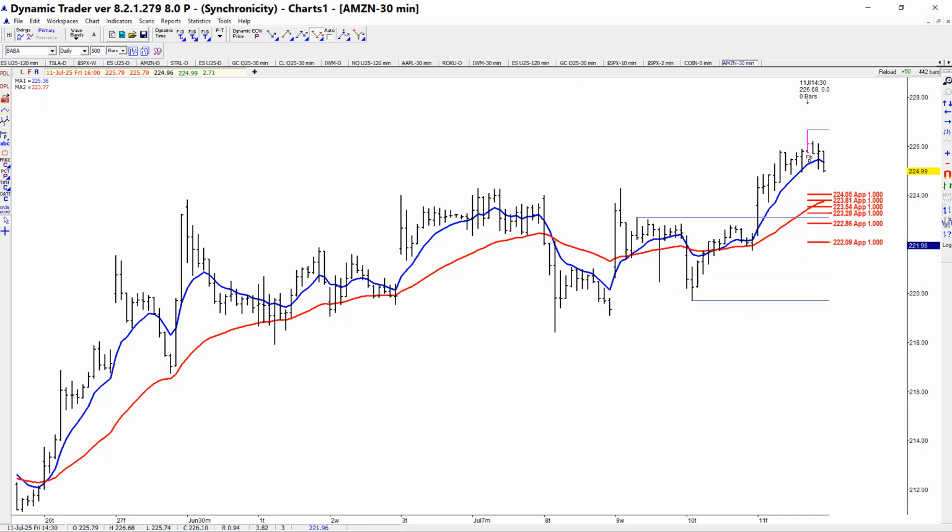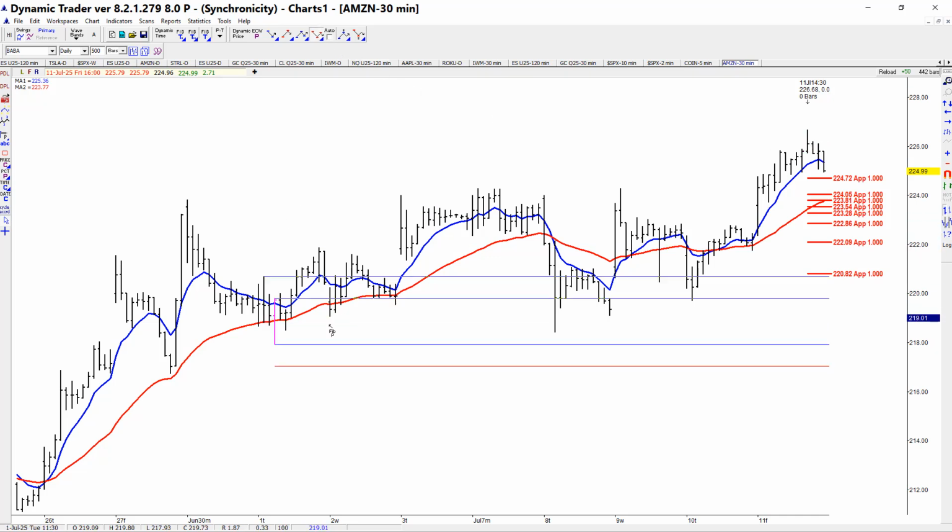I can't remember if I've done that one. Yep, I did. So this is a whole big swing here. High, low, high, high, low, high. Very close to that one. High, low, high.